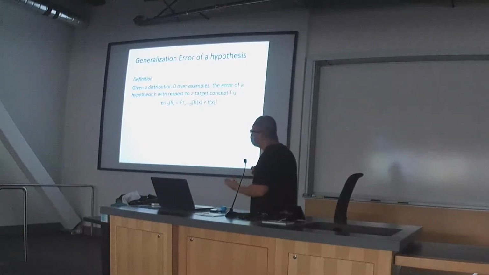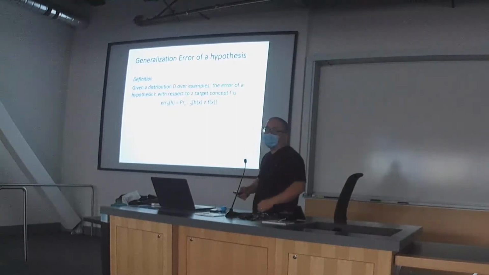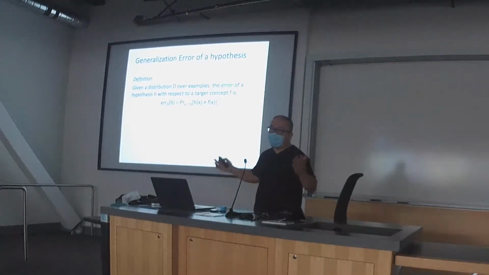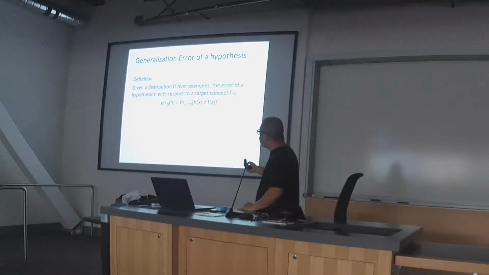Given this unknown distribution D over the instances, the error of a hypothesis h follows for x sampled from this data distribution D. And x can be arbitrary, but it just follows the distribution D. And what is the chance your prediction made by h is different from the ground truth prediction?